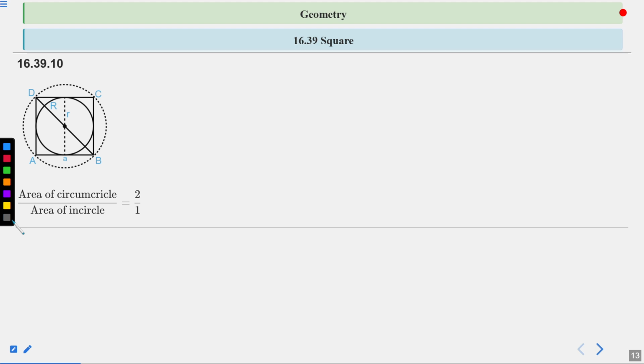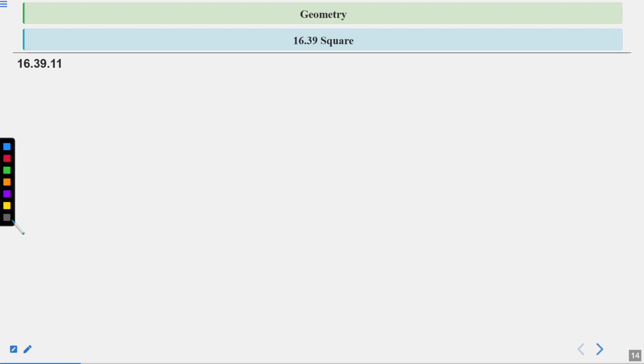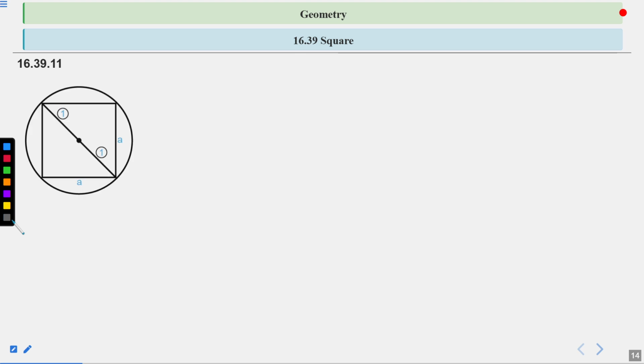Next one. The formula related to the square, 16.39.11. This is the diagram. We can say that the ratio of the area of the circle to the area of the square is pi by 2.